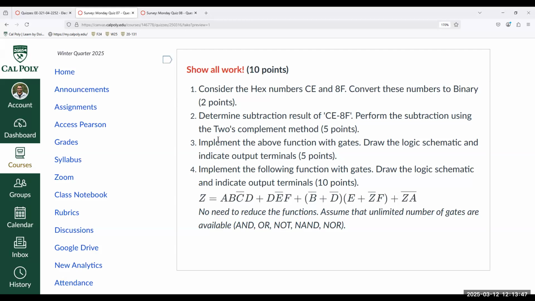If I was to implement this, which is basically to implement the above function with gates, CE and 8F, let's create an empty space in our class notebook. Since we were in chapter 4, let's go to the end of chapter 4 and add a page and talk about quiz 7.